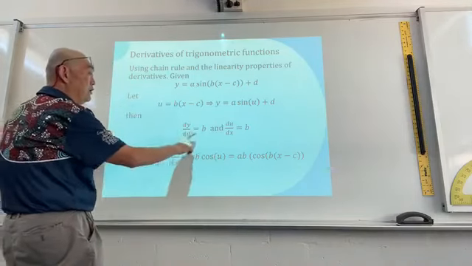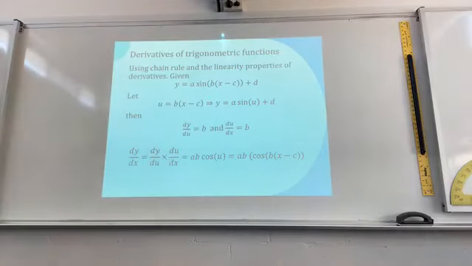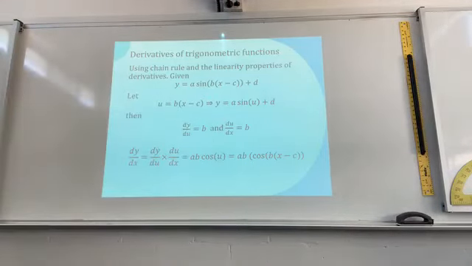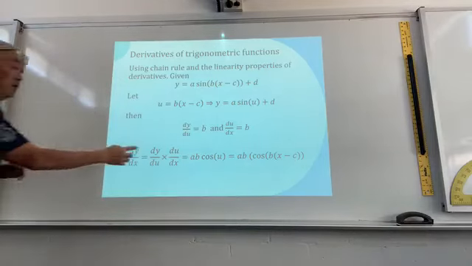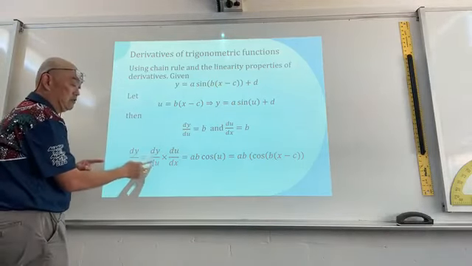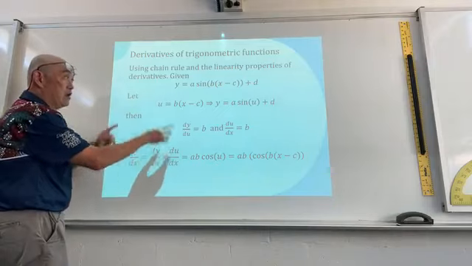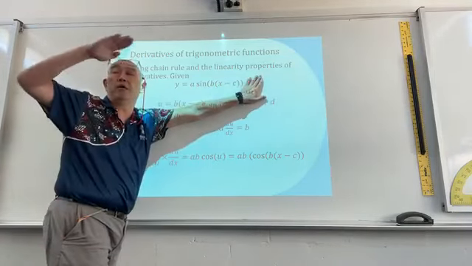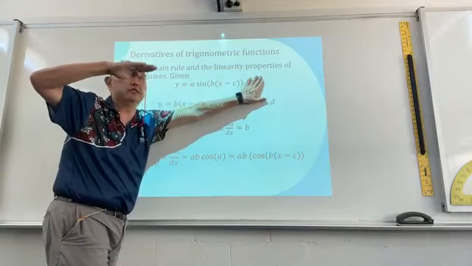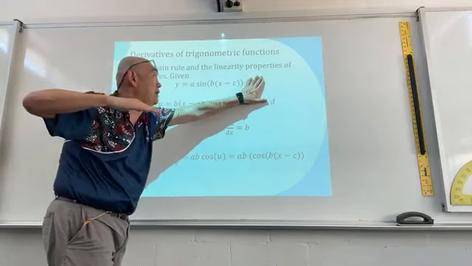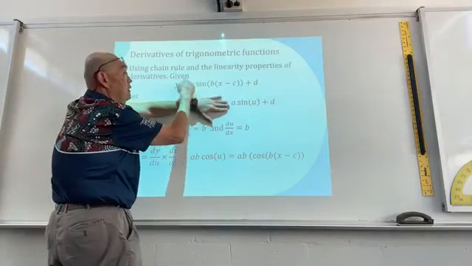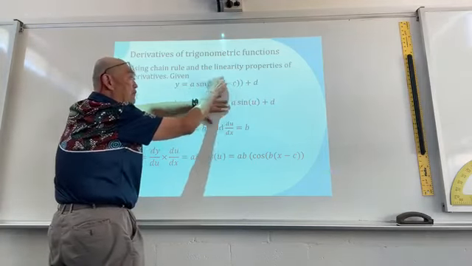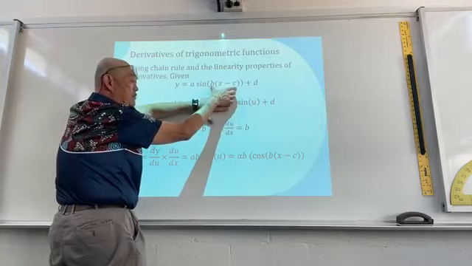Then dy/du equals a cos u, and du/dx equals b. So dy/dx equals dy/du times du/dx. What you need to think about is that you can ignore the d. Shifting up and down really doesn't change the gradient at the point x. But you must differentiate the outside and then differentiate the inside.